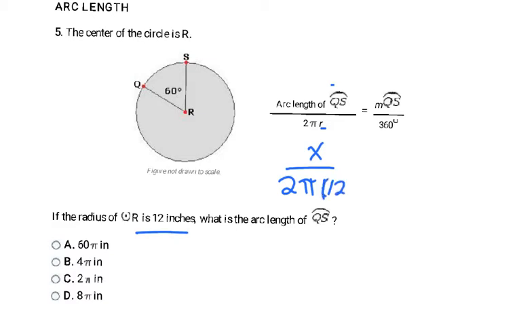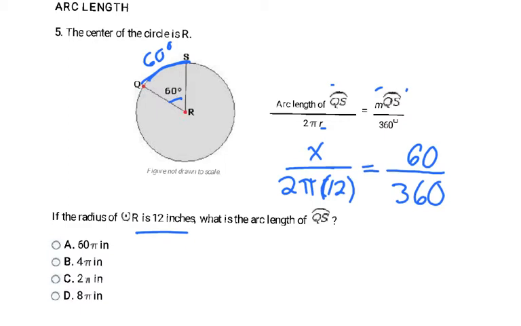And I can use parentheses to show that substitution. Equals, and this part here wants the measure of RQS, which is this piece here. That central angle is 60 degrees, so I know the measure of that arc is also 60 degrees, so I'm going to put a 60 here over 360.